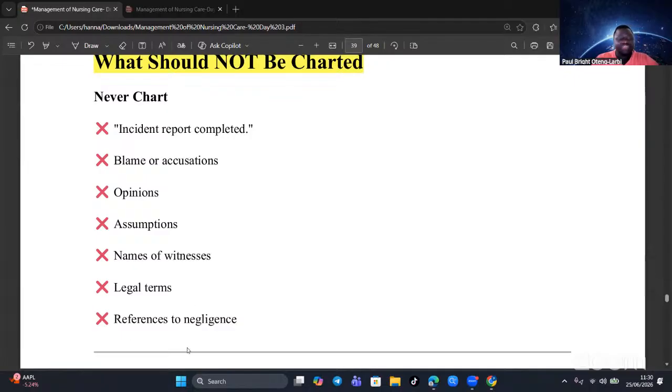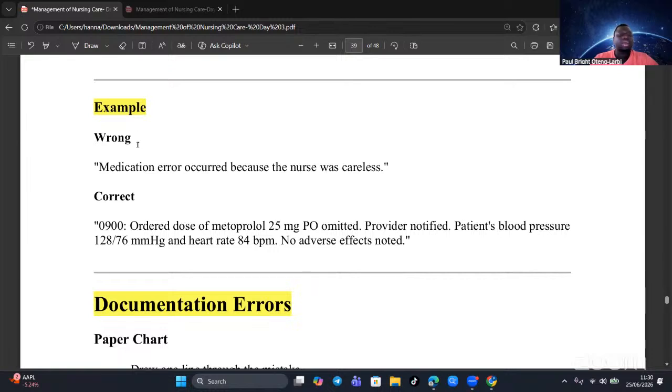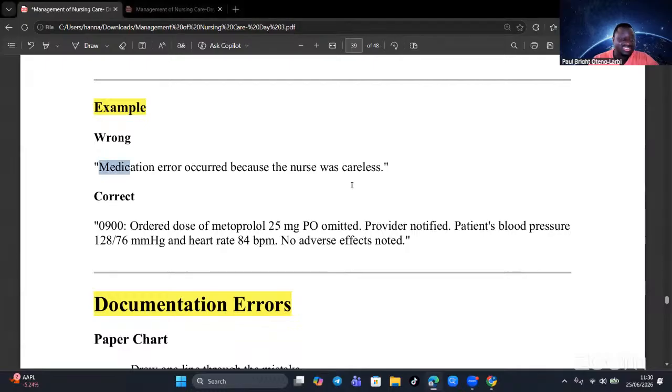Legal terms and references to negligence should also be avoided. For example, "medication error occurred because the nurse was careless." This is a wrong statement. As a nurse manager, don't write this. The nurse managers also have their appraiser. They have a booklet.